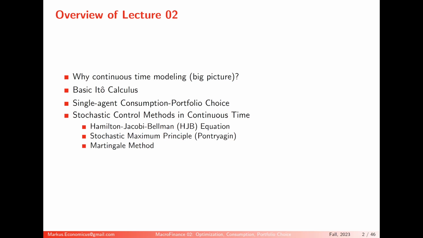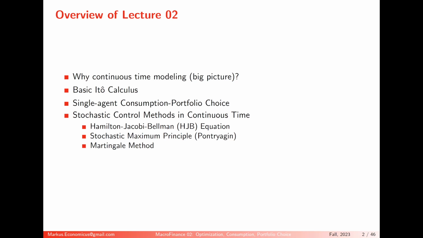But in this lecture, we also focus on the stochastic maximum principle approach, the Pontryagin approach, generalized to stochastic environments. And we used the non-stochastic version, the Hamiltonian, already in the previous lecture when we studied the continuous time version of a Kiyotaki-Moore model.